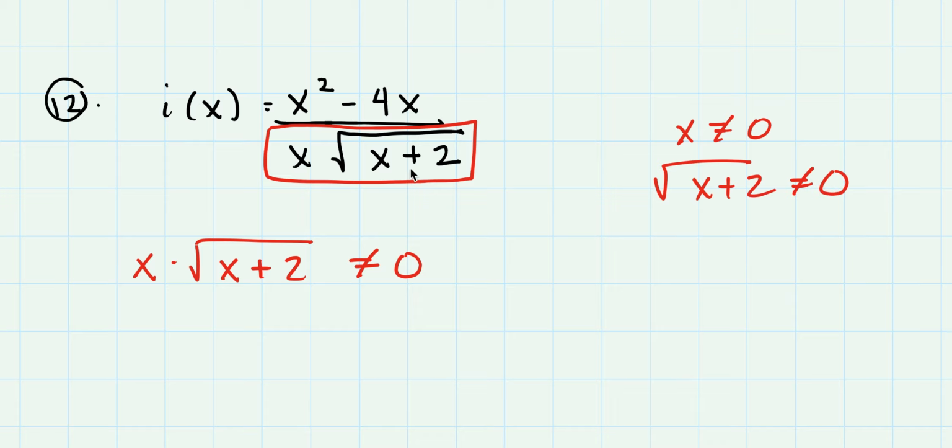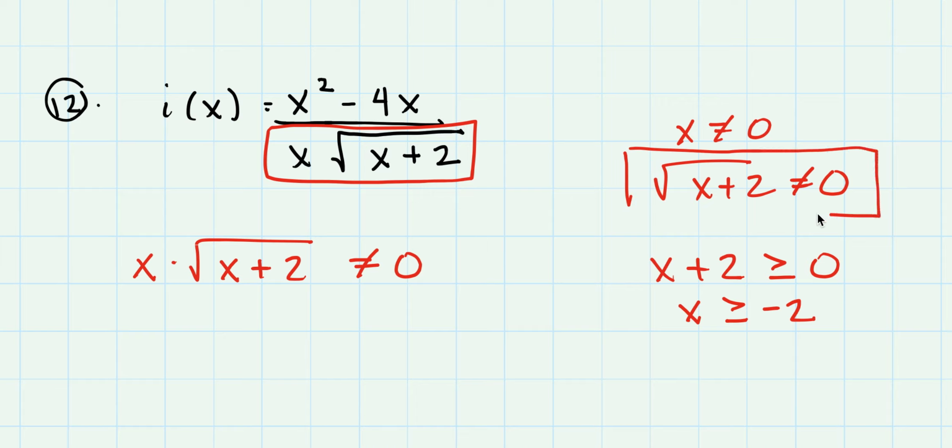But we also have a square root, and we have to worry about what we can plug into that square root. So x plus 2 has to be greater than or equal to 0. So x is greater than or equal to negative 2. We need to pay attention to this piece as well. Normally, if the square root was in the numerator, it would just be that x is not equal to 0 and x is greater than or equal to negative 2.